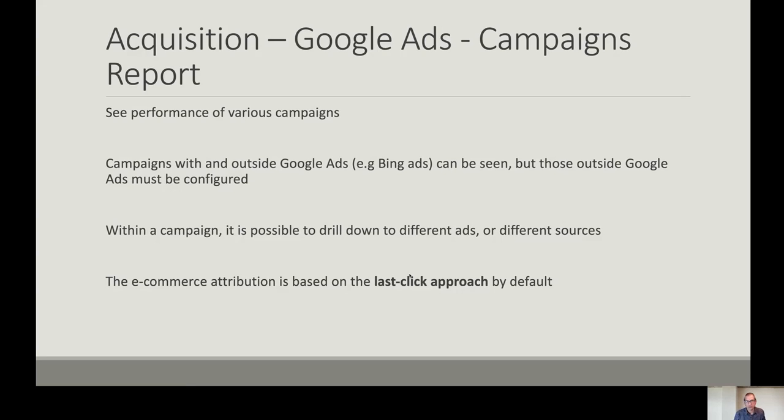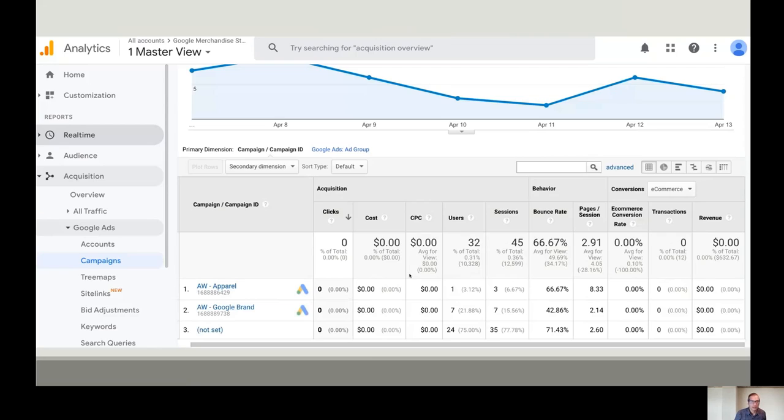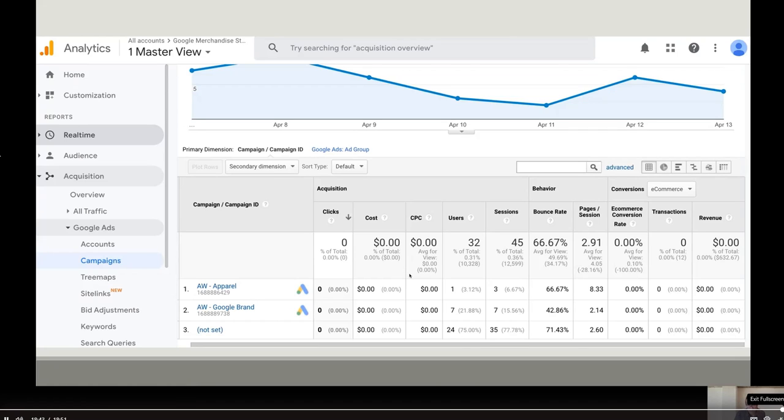Campaigns coming from those sources can also be configured, and that data can also be captured. In all of these kinds of campaigns, the attribution is on the basis of the last click, as I have discussed before. Here is an example of the campaign report. You can see that these campaigns were named, and unfortunately had no clicks and not much action out here.